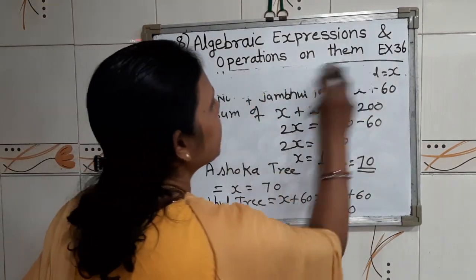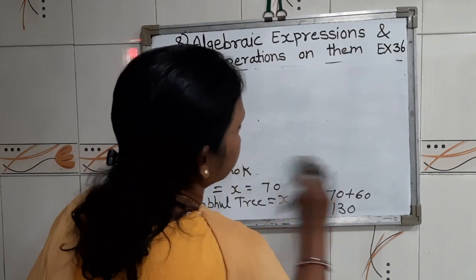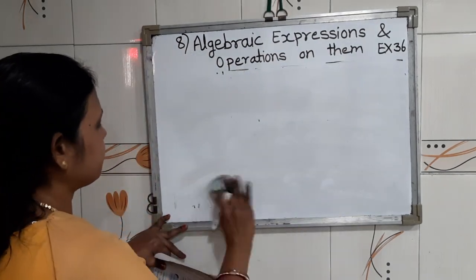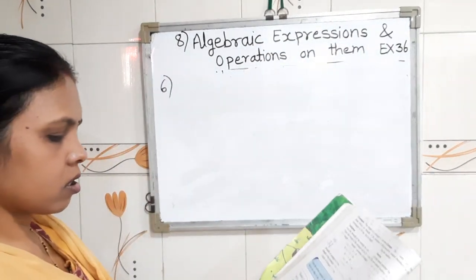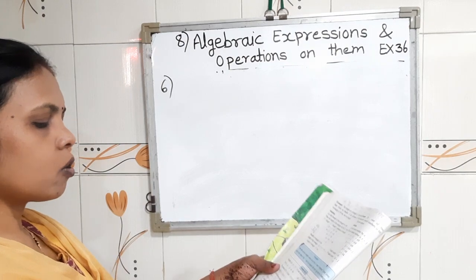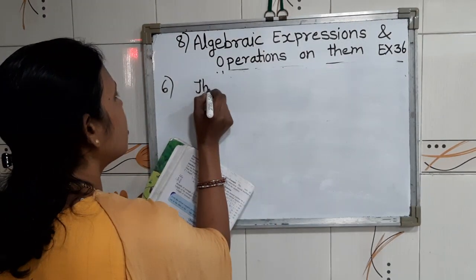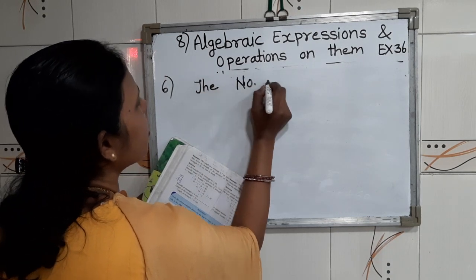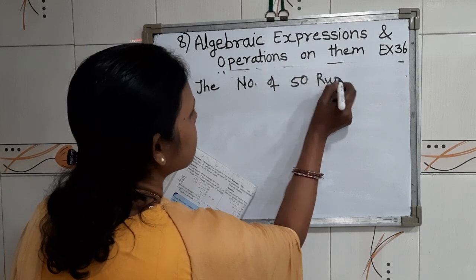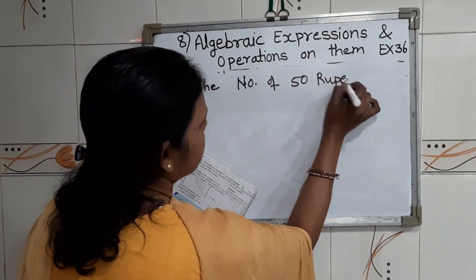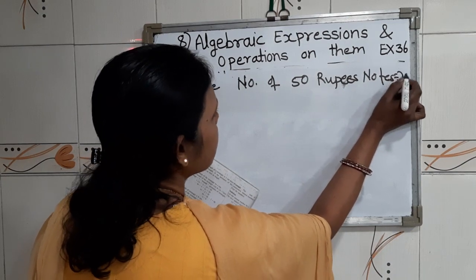So in question number 6, we will write the number of 50 rupee notes equal to x.